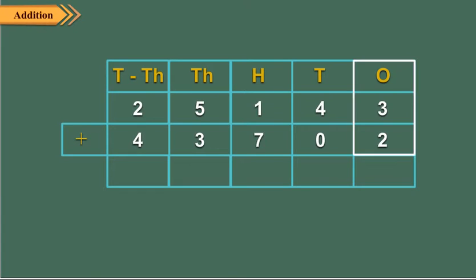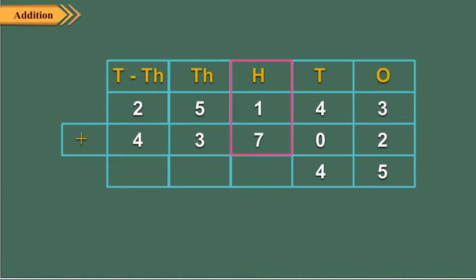Add ones. 3 ones plus 2 ones is equal to 5 ones. Write 5 in the ones place. Now add the tens. 4 tens plus 0 tens is equal to 4 tens. Write 4 in the tens place.